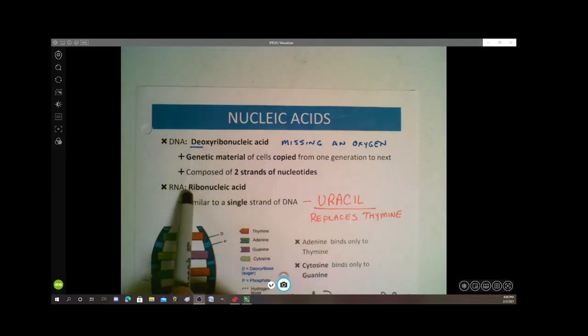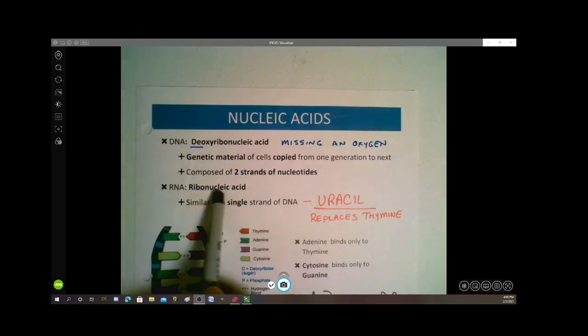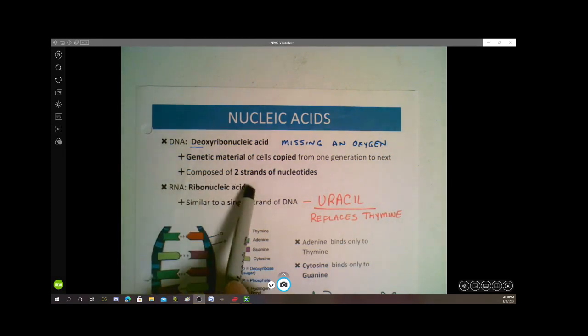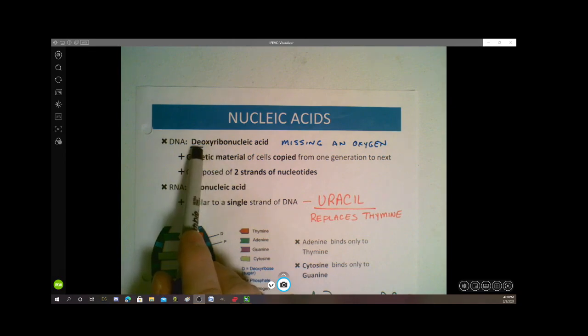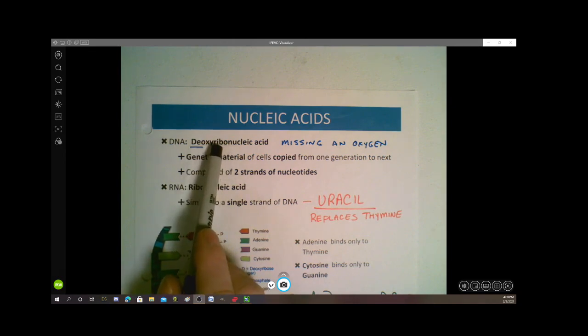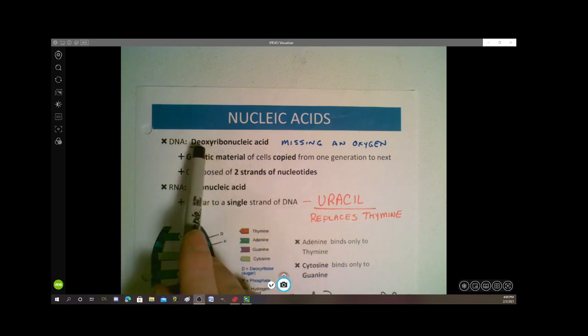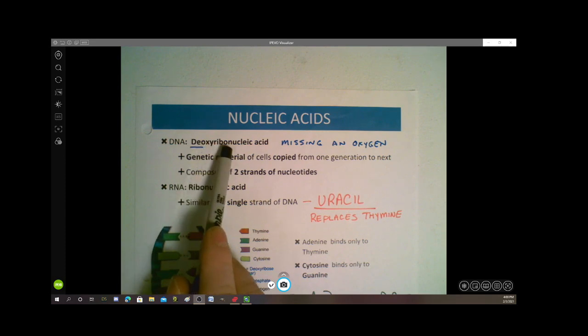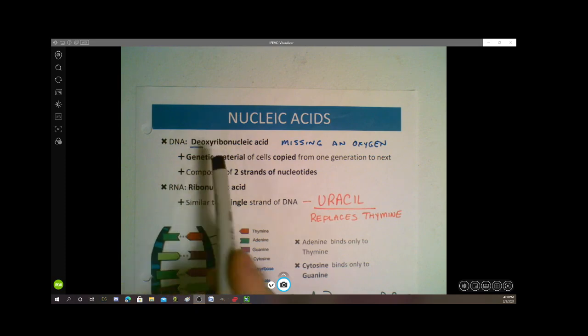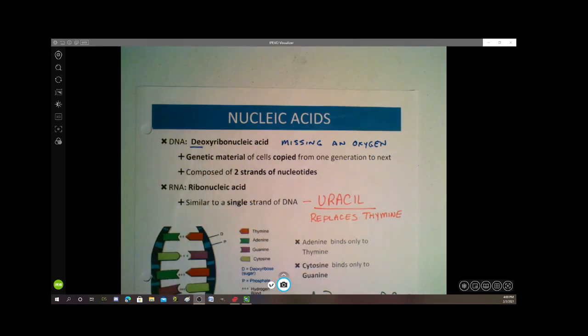And in RNA, the ribose has all of its atoms. But in DNA, this ribose sugar is missing an oxygen. So that D part of the name, deoxyribose, means that we're missing an oxygen off of that ribo sugar.